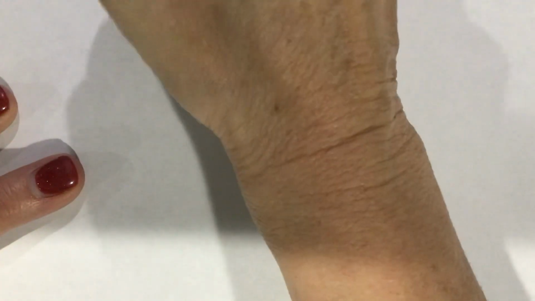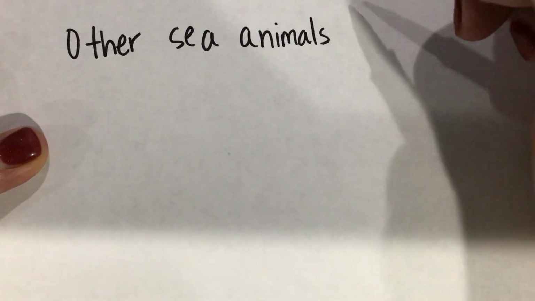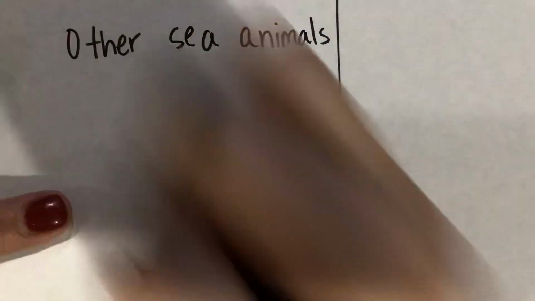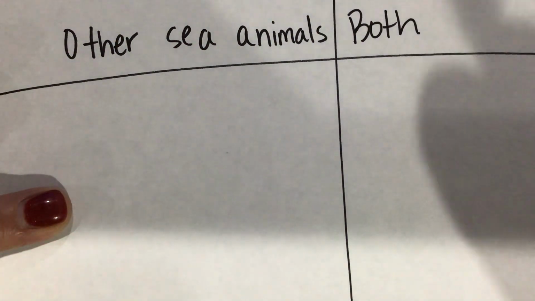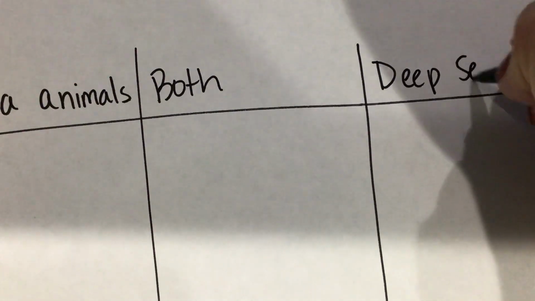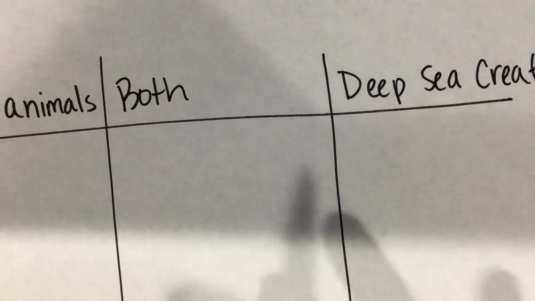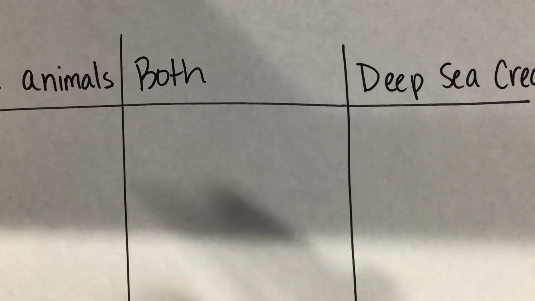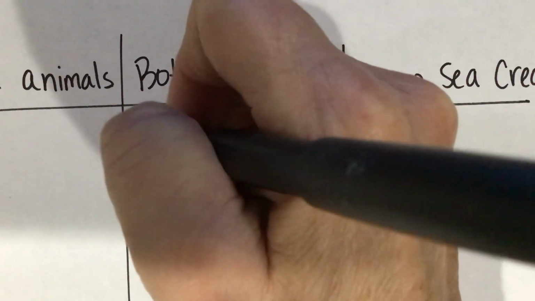So, other animals I can think of that live in the sea are dolphins, sharks, grouper, shrimp, crab, lots of things I like to eat. And let's think about how they're the same and how they're different. I think one obvious way that they're the same is they both live in the ocean, right? They live in salt water.